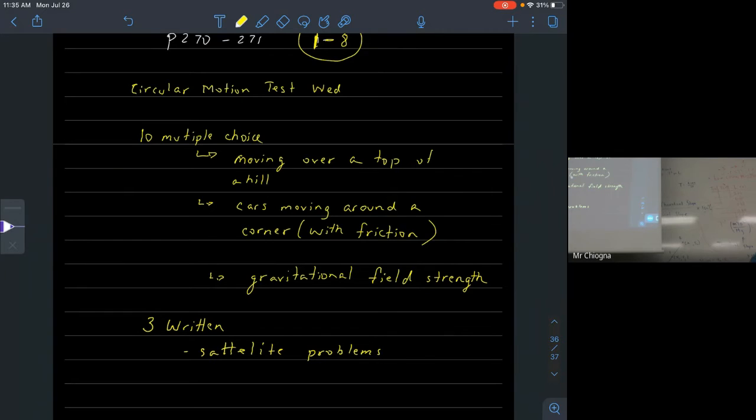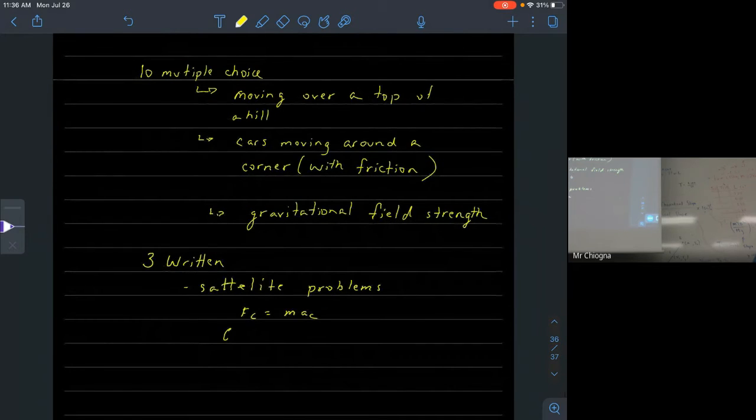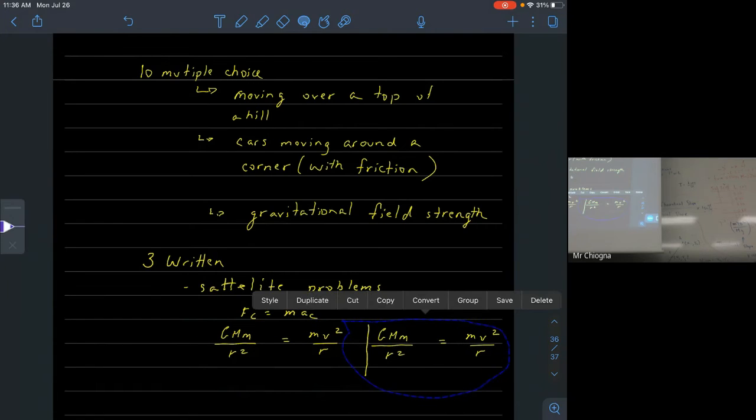Okay, so know how this relates. In the case of period or speed, you've got two possible equations, and you need to be able to rearrange for whatever you need. So either this one or this one. Wait, before you copy this second one.